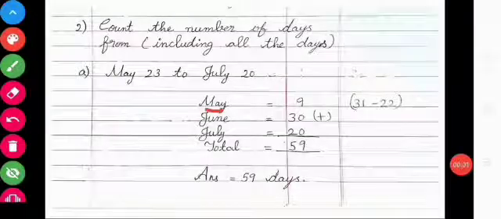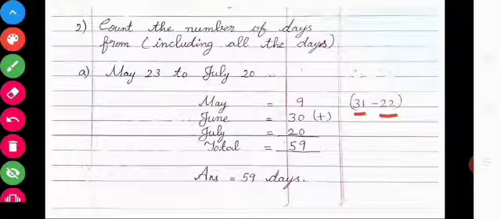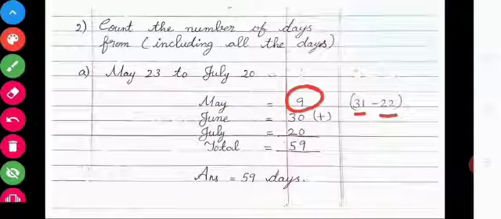See the next one. Count the number of days including all the days, May 23 to July 20. In May, how many days? 31 days. Then 31 minus, May 23 before is May 22. Do the subtraction. 31 minus 22 is equal to 9, so in May the remaining is 9 days.